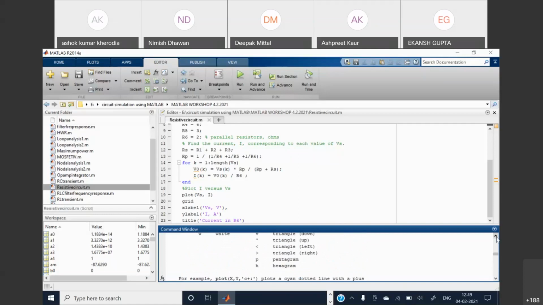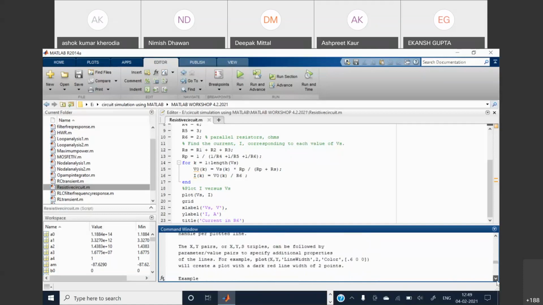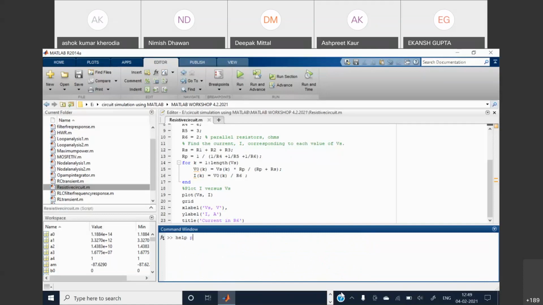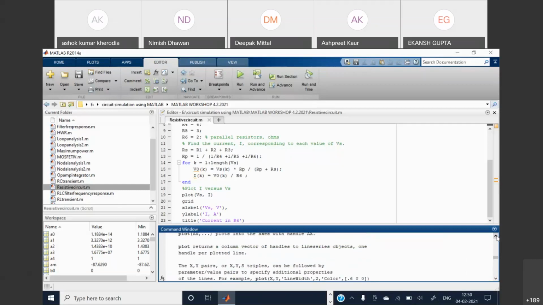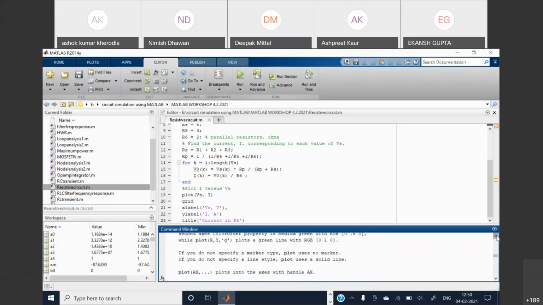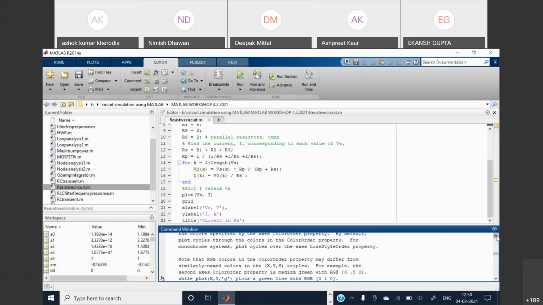Okay. Let's go on. Suppose you are having this, you are plotting. If you want to know what is meant by plot, what you can do, you can write help plot. First of all I clear it, help plot. What this plot is indicating, see, these are the details.